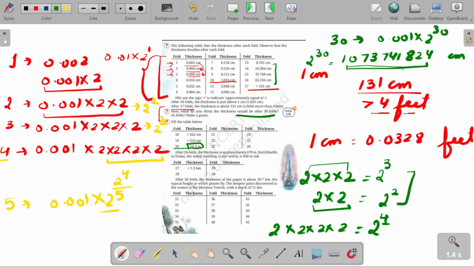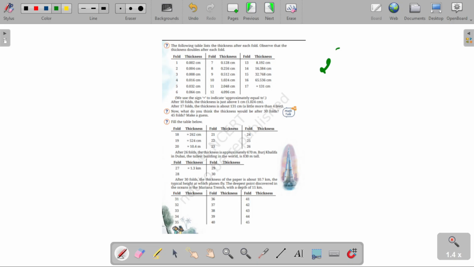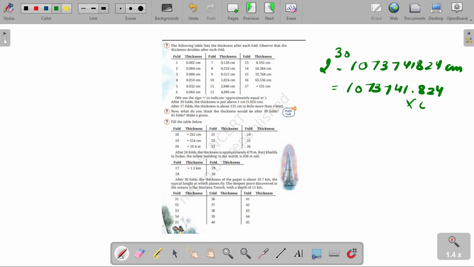So 2 raised to 30, which I have already told is 1073741824 centimeters. When I convert it into meters, I will divide it by 100, and it will be reduced to 1073741.824, which is multiplied with 0.001, the thickness.